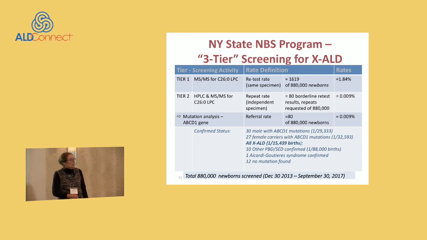They also found and confirmed other peroxisomal disorders, including two single enzyme defects, and the remainder are Zellweger spectrum disorders, so that's about 1 in 88,000 births. And the one Aicardi-Gouttières syndrome, which was confirmed by mutation. However, they have 12 where no mutation was found, so they still have some work to do here.